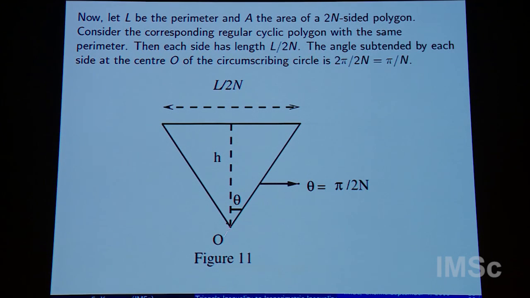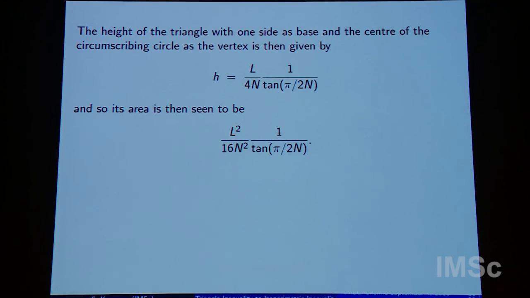Here you have a right angle triangle. This is L by 4n divided by h is tan of theta, which is pi by 2n. So h is equal to L by 4n divided by tan of that. So the area of the triangle is half base into height again. So that is L square by 16n square into 1 by tan pi by 2n.